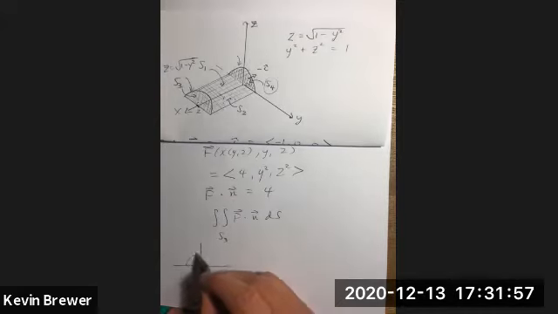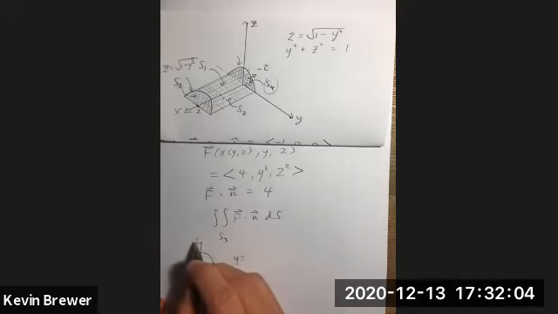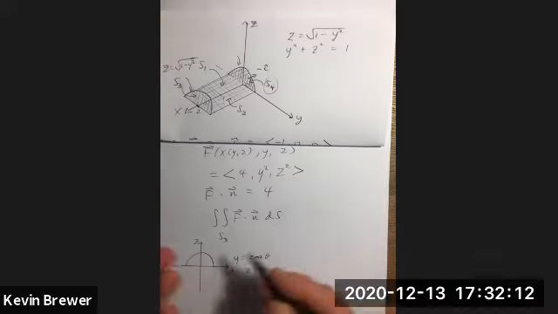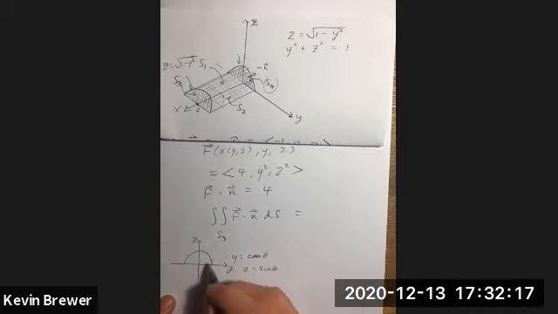We're just integrating over a circle. So really we're saying y equals cosine theta, z equals sine theta. And it's just polar coordinates with respect to the YZ system. So this region here is r goes 0 to 1, and theta goes 0 to pi.